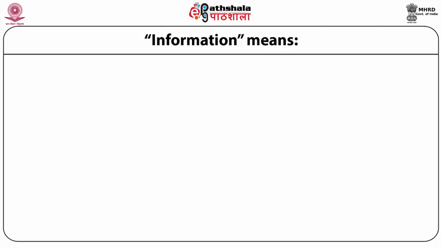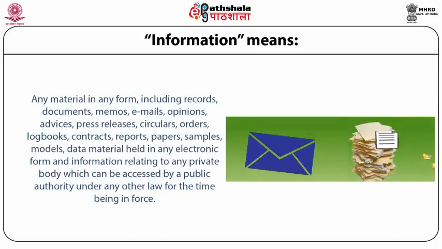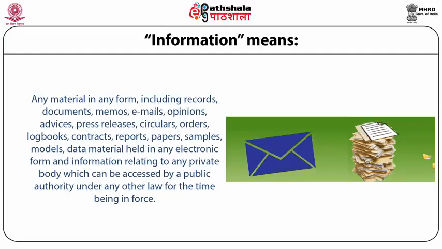But here, information means any material in any form, including records, documents, memos, emails, opinions, advices, press releases, circulars, orders, logbooks, contracts, reports, papers, samples, models, and data material which can be held in any electronic form, and information relating to any private body which can be accessed by a public authority under any other law for the time being in force.